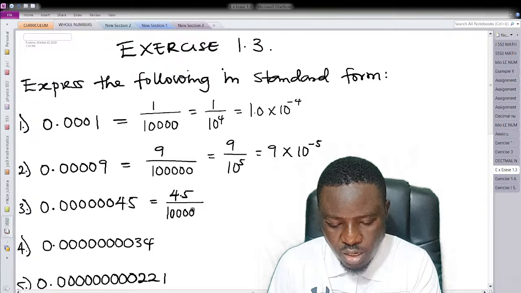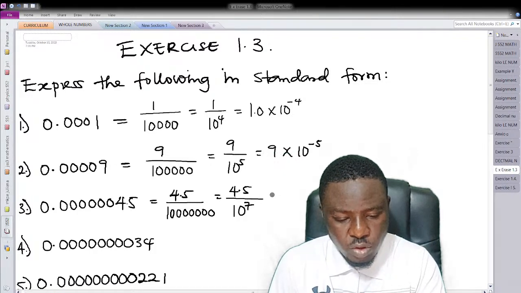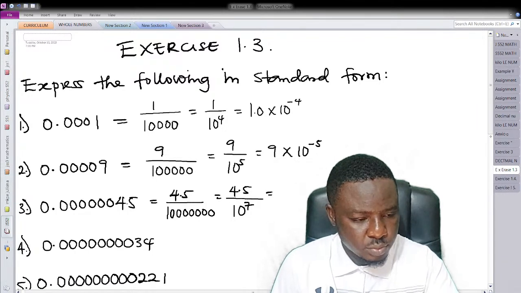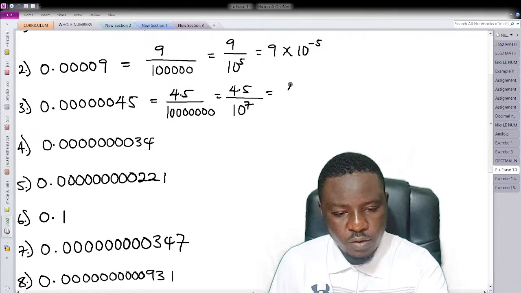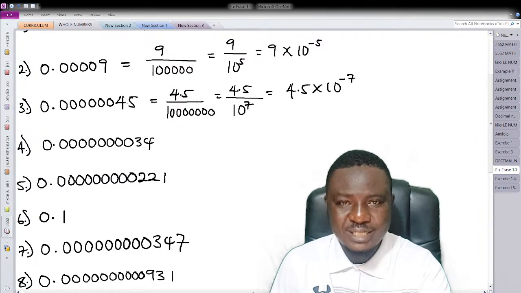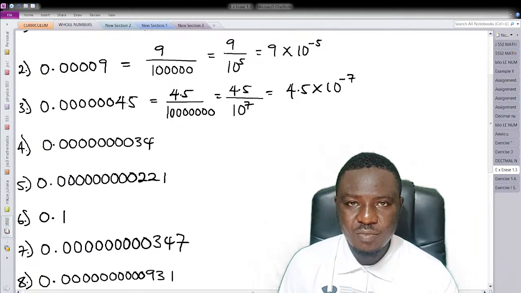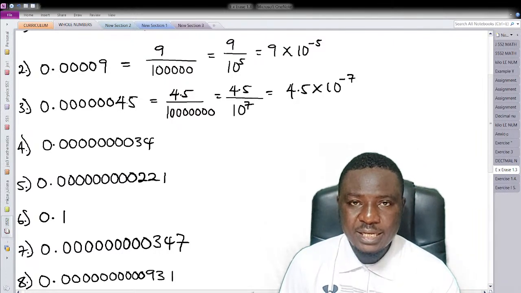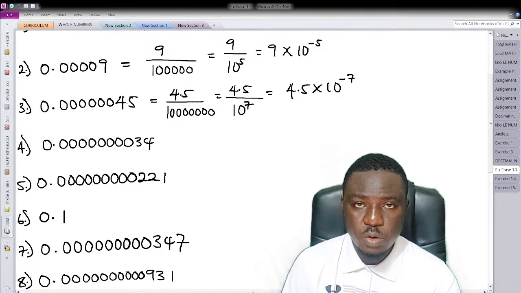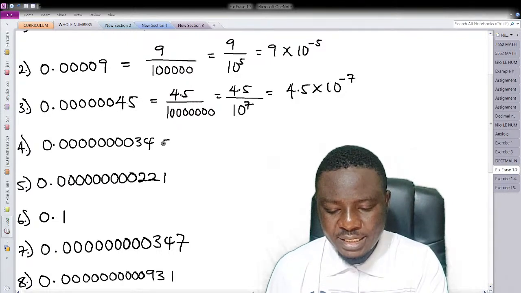And this is equal to 4.5 divided by 10 to the power 7, which is equal to 4.5 times 10 to the power minus 7. So Sarah, did you get that? Okay, this is what I want you to do. Are you with me?